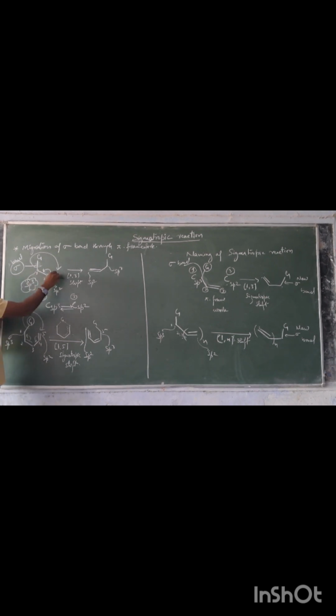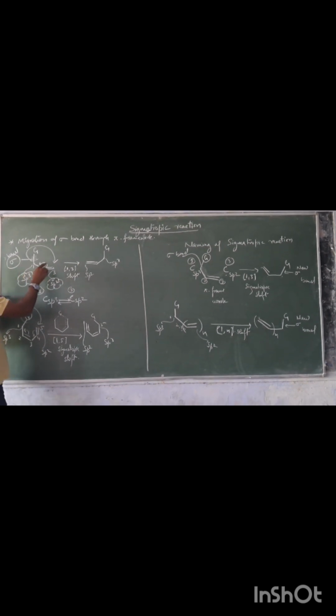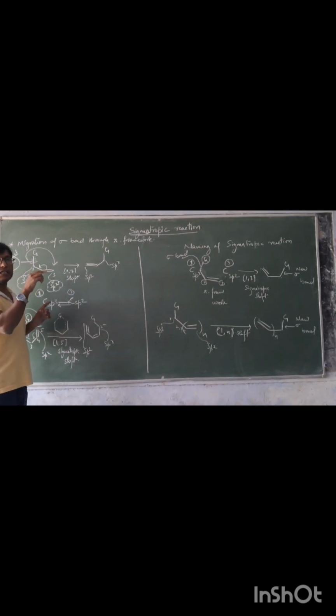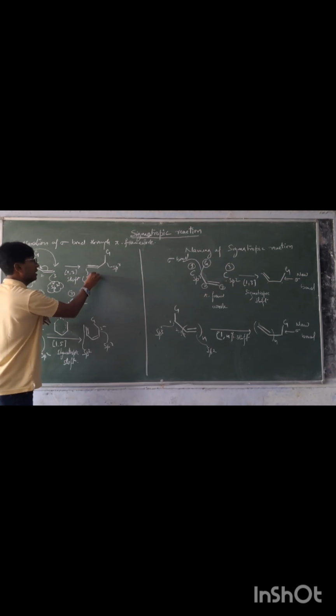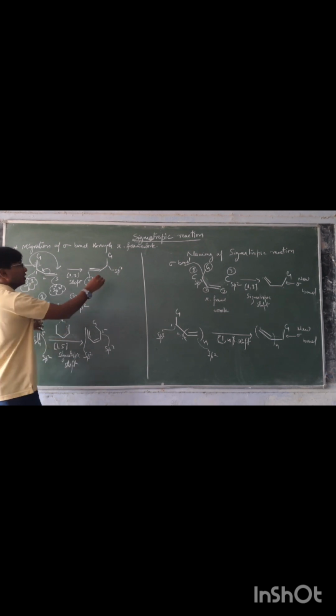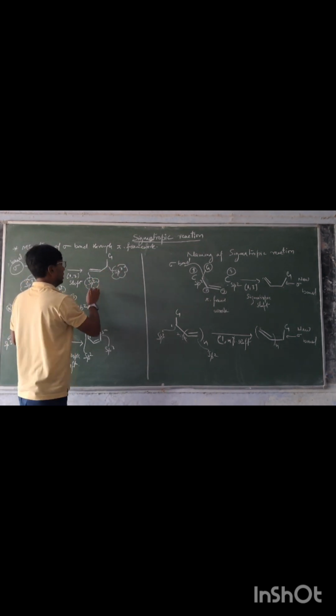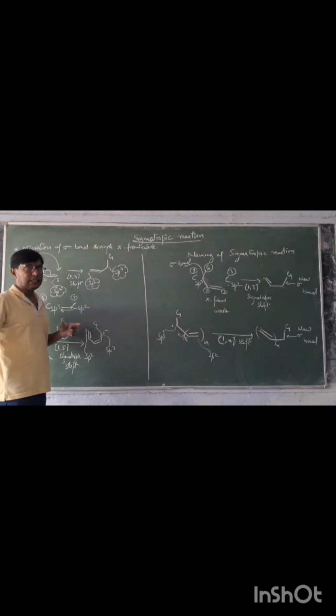Once again we can see this example in view of the carbon and its hybridized state. At position number 1, this carbon is sp3 hybridized, and at position number 3, this carbon is sp2 hybridized. But in the product, the inversion takes place: position number 1, from where the sigma bond has migrated, the origin of the sigmatropic shift, becomes sp2, and the destination where the sigma bond has reached becomes sp3.